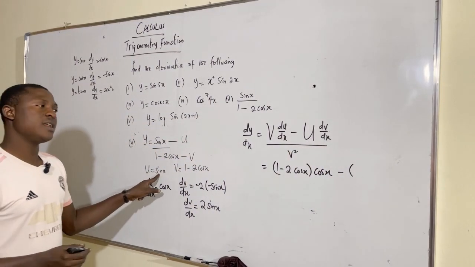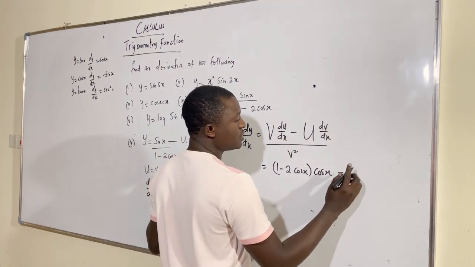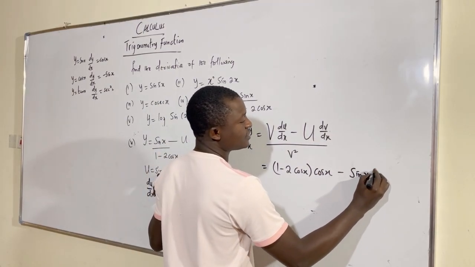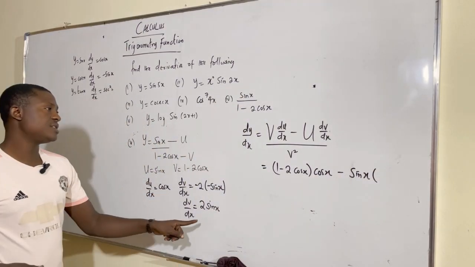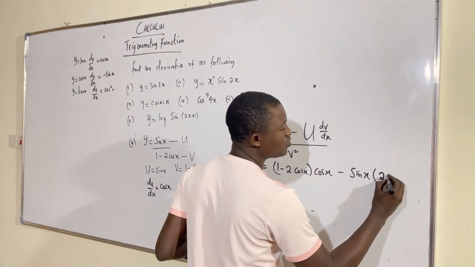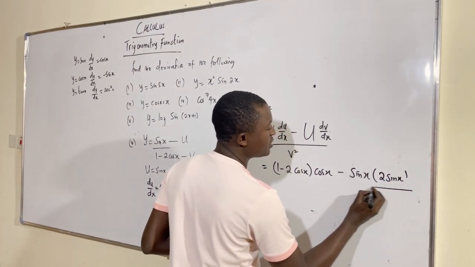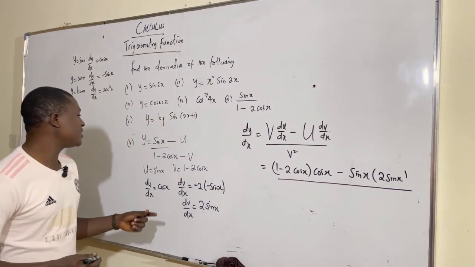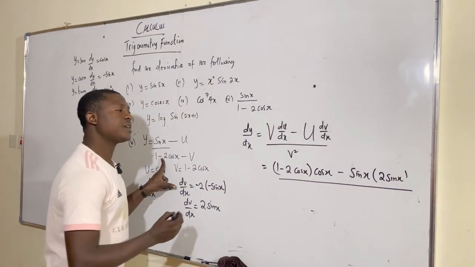Our u we have is sine x. dv dx, you can see, dv dx we have is 2 sine x. Then all divided by v squared. Our v is 1 minus 2 cos x.